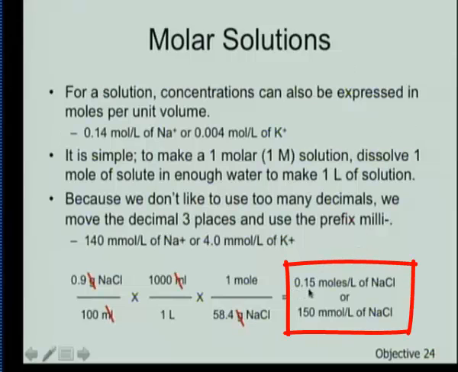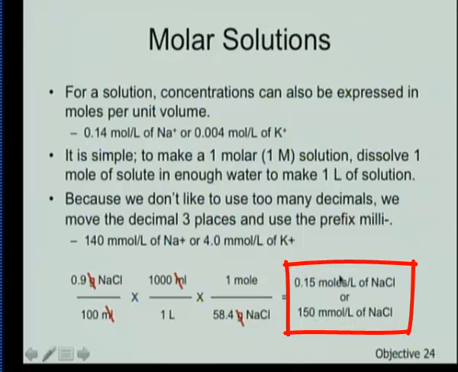So instead of 0.15, because nobody likes to deal with decimals more than we have to, instead of saying 0.15 moles per liter, couldn't we move that decimal 3 spaces? So wouldn't it now be 150 milli? Milli still means what it means. 150 millimoles per liter.